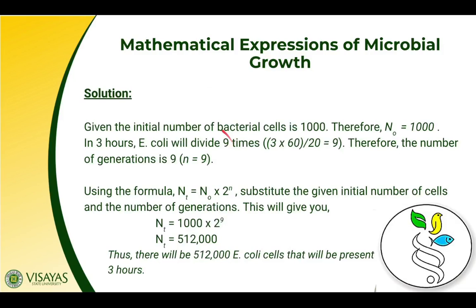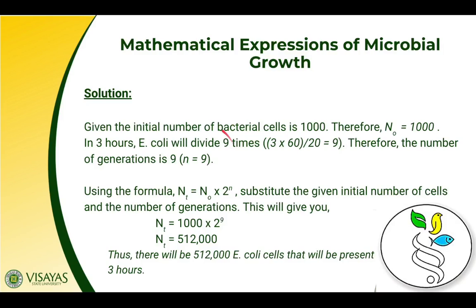Because in 3 hours, how many minutes are there? In every hour, there are 60 minutes, so 60 times 3. And we know that it is every 20 minutes that the cells will divide.